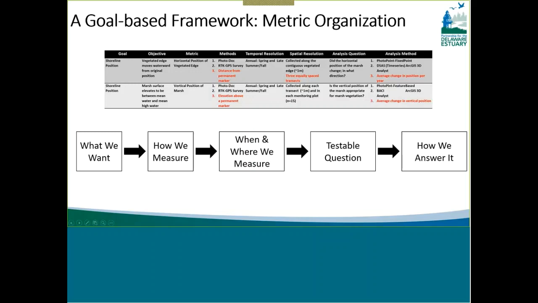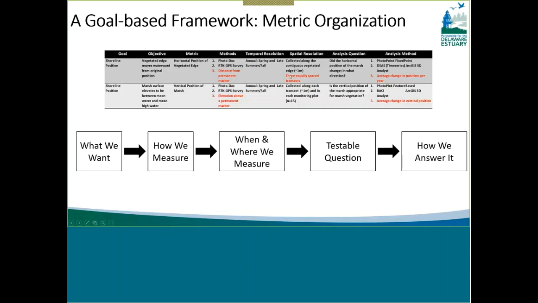So for my goal here of shoreline position, my objective is the vegetated edge moves waterward from the original position. I did not say how far, anything will do. But this is where you just state what you want. Here's its associated metric, and here's how we're going to do it. You list out the methods that you chose, you decide when you want to do that, and where you're going to do it.